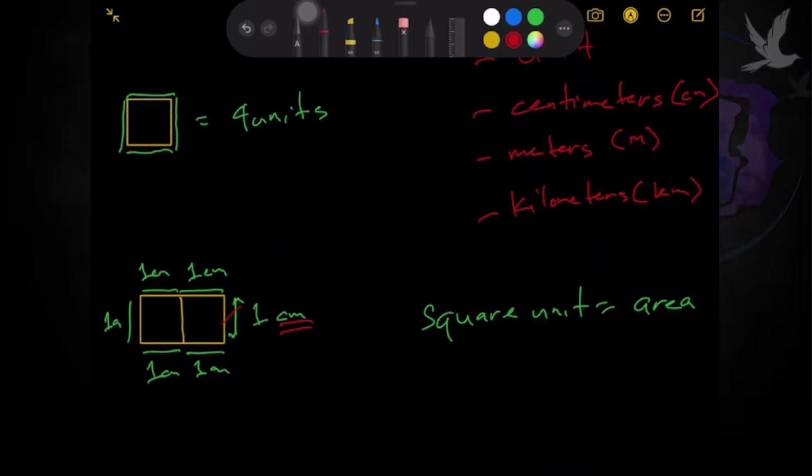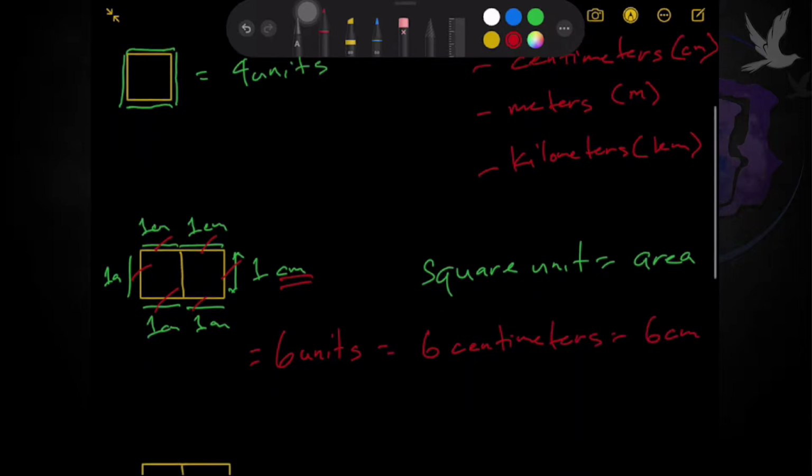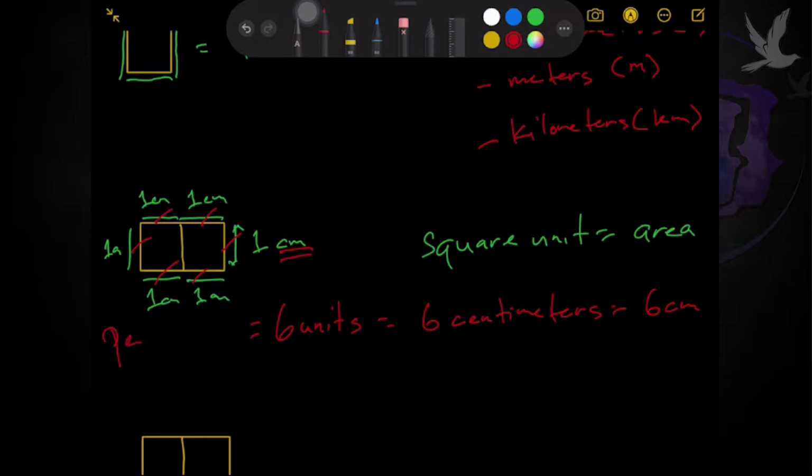So that's a total of 1 2 3 4 5 6. If there are no units, it's called 6 units, but since there is a specific unit here, this is basically equivalent to 6 centimeters, or can just simply be written as 6 cm. So that is the perimeter of this figure.